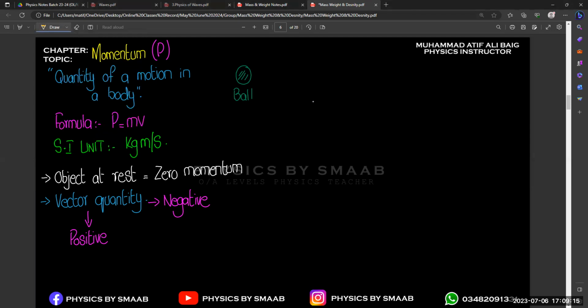When we write the negative or positive direction of momentum, it depends upon the situation and on which directions we are going to consider for that specific object. So don't get confused that there must be some specific direction for negative or positive, because in the exam they are not going to ask you to define negative momentum or positive momentum.